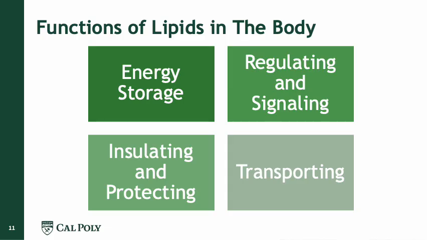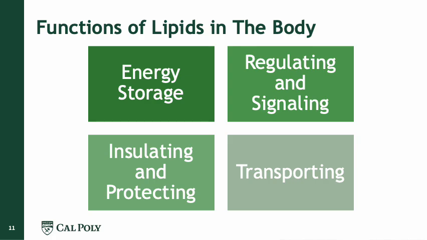Sometimes we see that lipids have negative publicity or health issues, but lipids are so important for our body. Among the main functions is energy storage. As we saw before, carbohydrates are like the initial, fast energy source for our bodies.